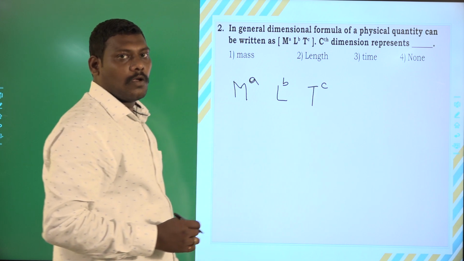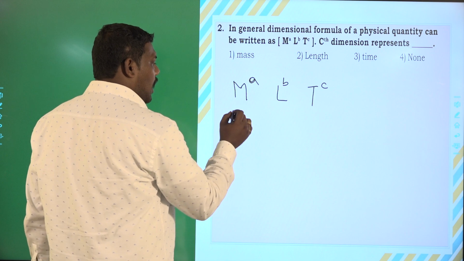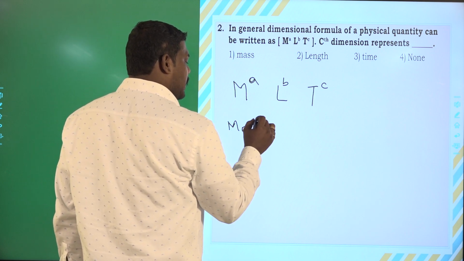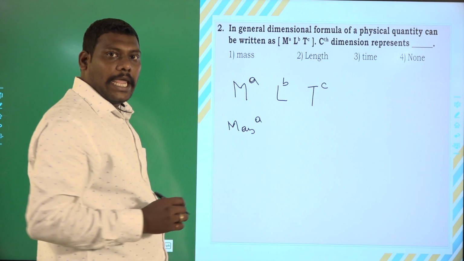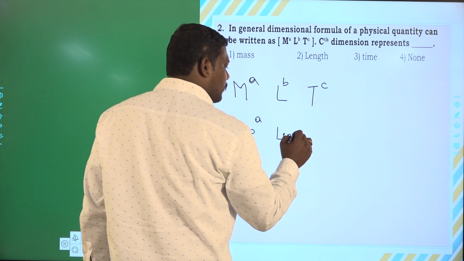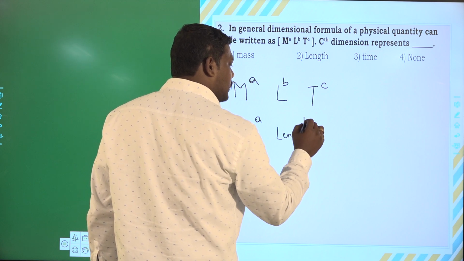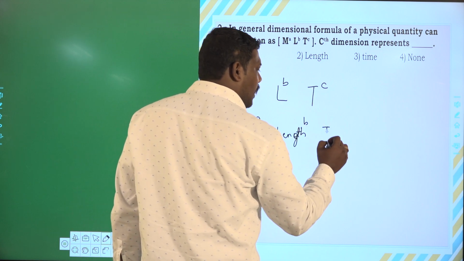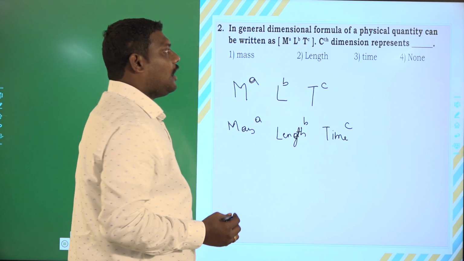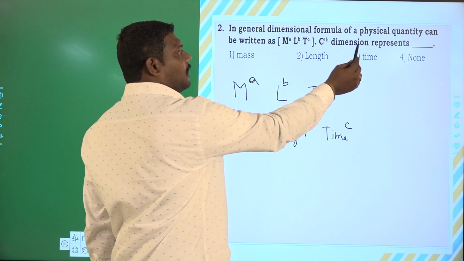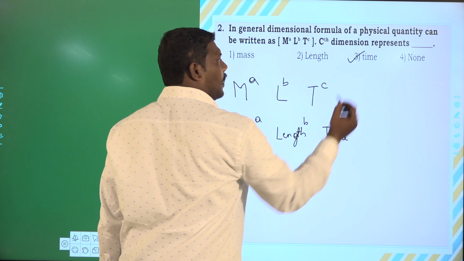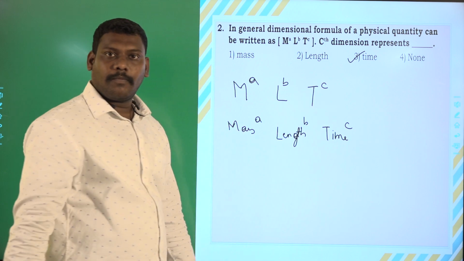That is, mass is raised to a power, length is raised to b power, and time is raised to c power. Now, the cth dimension represents what? The cth dimension represents time, because time is raised to c.